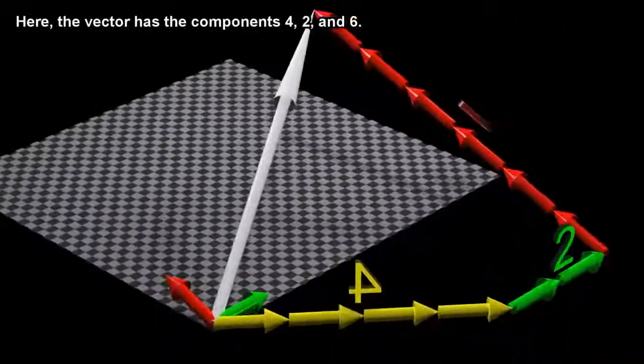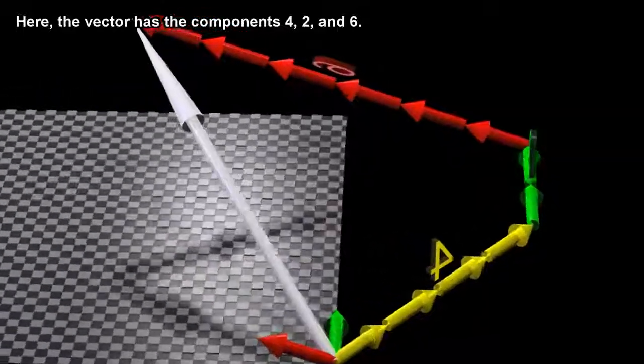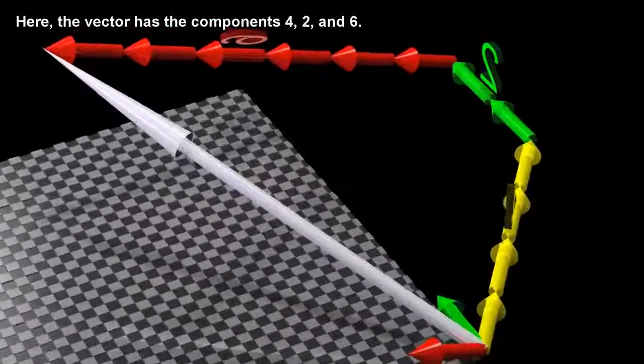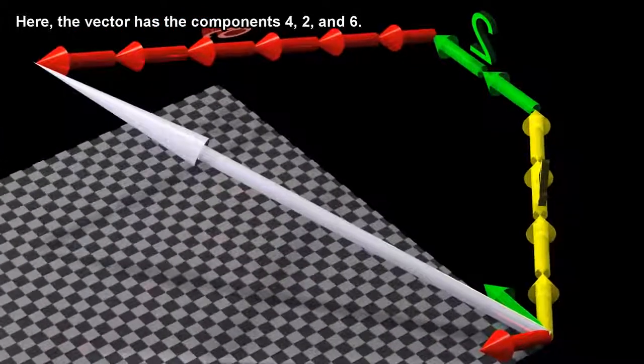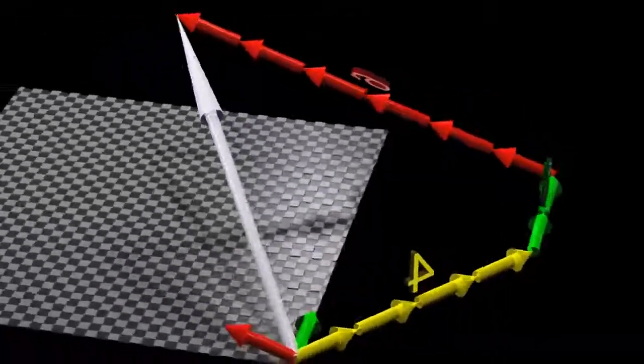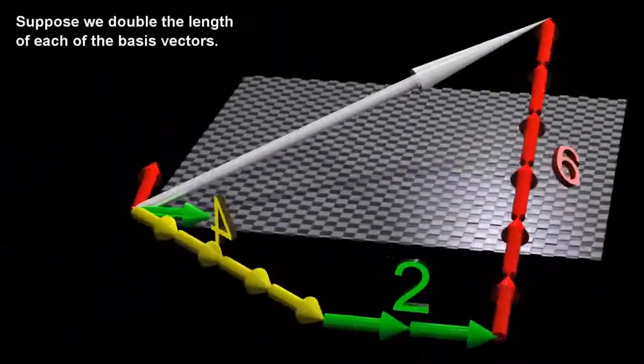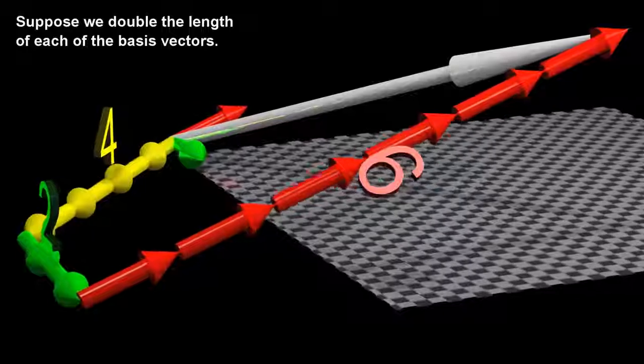Here, the vector has the components 4, 2, and 6. Suppose we double the length of each of the basis vectors.